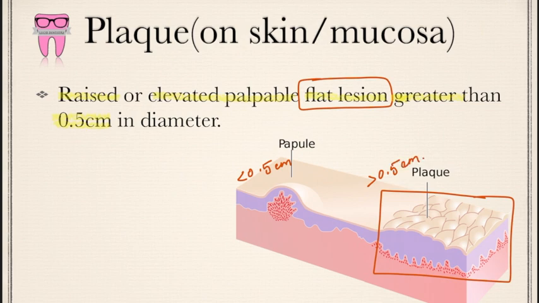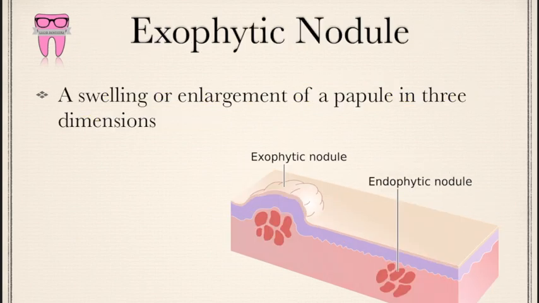Now coming to the next lesion under this category of lesions above the level of the mucosa. We have exophytic nodule. We have already studied the endophytic nodule. Now coming to the exophytic nodule. It's a swelling or enlargement of a papule in 3 dimensions.